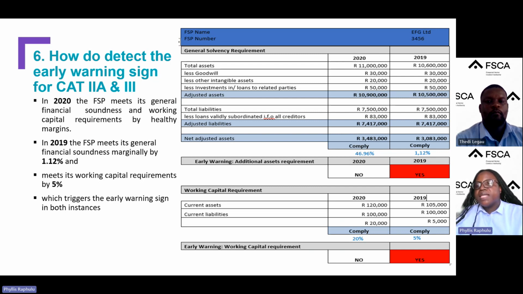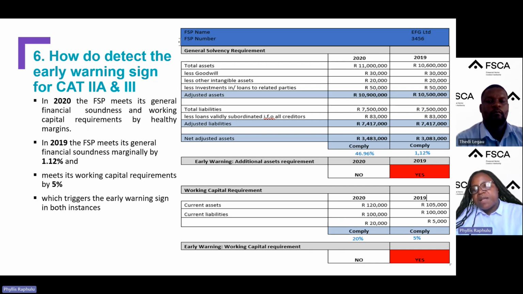And then in 2019, the early warning requirement was triggered in both the general solvency requirement and the working capital requirement. So why am I saying the early warning requirement was triggered on the general solvency requirement? It's because the net adjusted assets exceeded the adjusted liabilities by less than 10%, which is 1.12%.